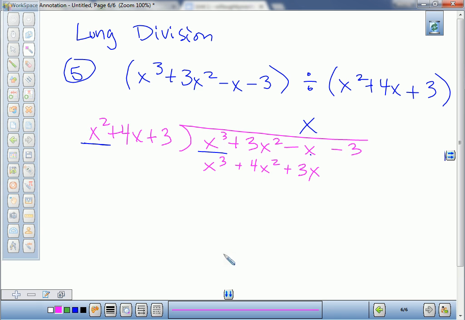And what do we do now? Subtract. Subtraction changes all of my signs. Every time, this first one's going to cancel, because that's what we're forcing to happen. When it does, we should be happy. Then this gives us negative x squared, negative x to the 4th, and then we bring down.